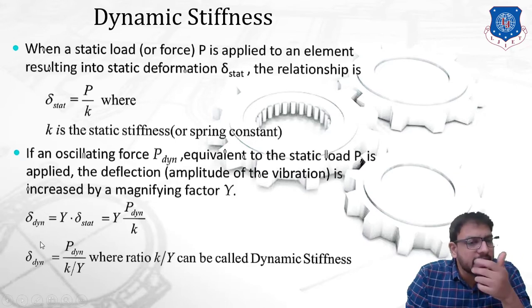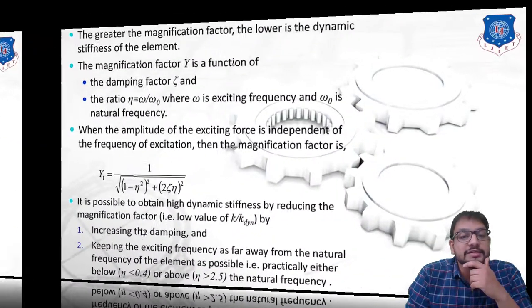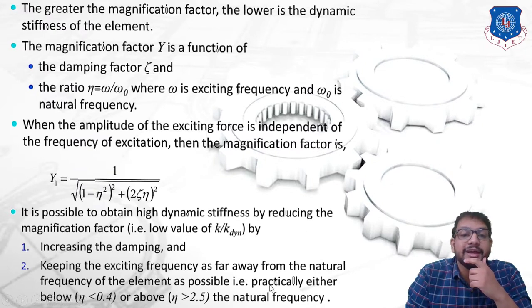If we substitute the value of the dynamic displacement, which is P dynamic upon K by gamma, and similarly substitute the value of delta static, that is P upon K, then you will observe that the relation between stiffness and magnification factor comes out as gamma is equal to K upon K dynamic.